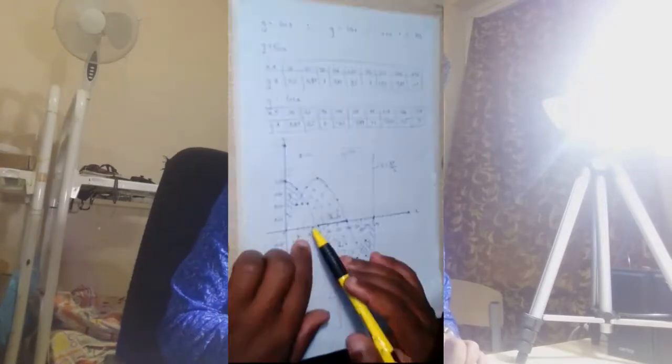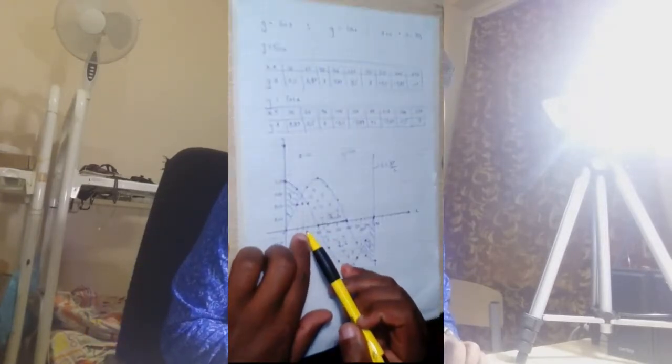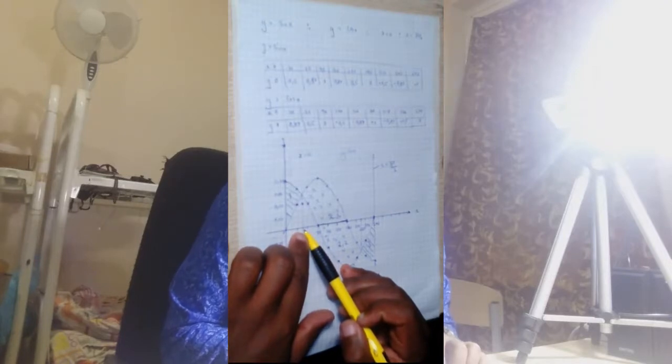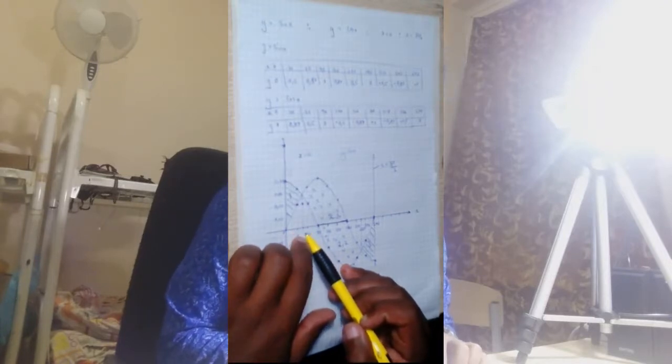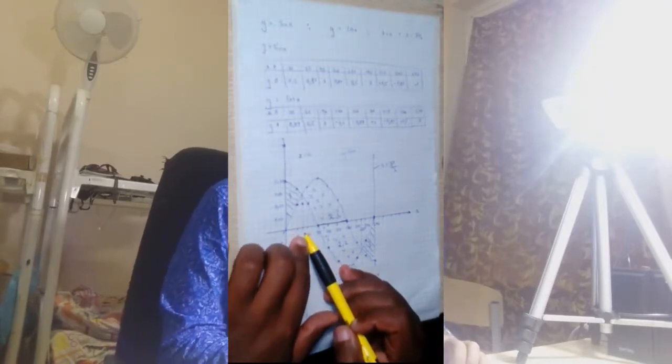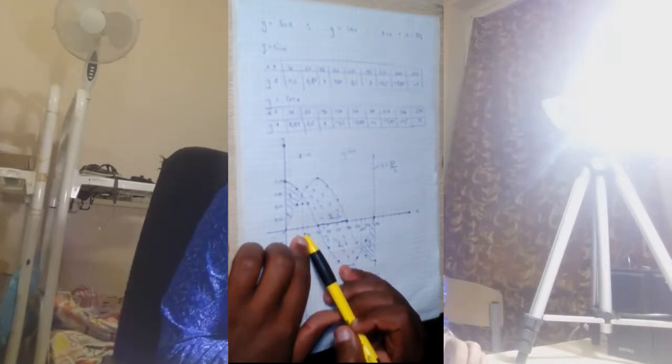For us to calculate area S2.1, we need to define our limits. We are going to start from where we left these graphs, at the point where x is equal to 45 degrees.